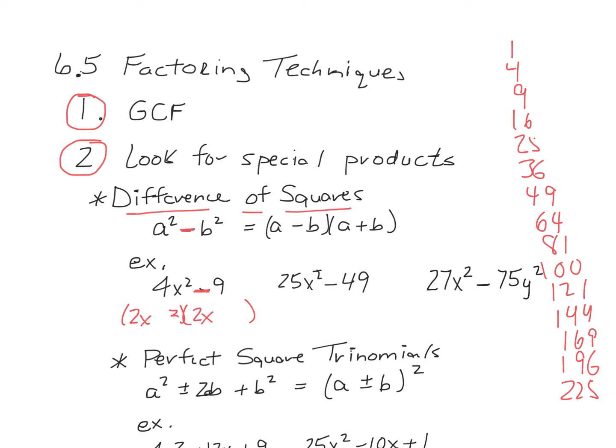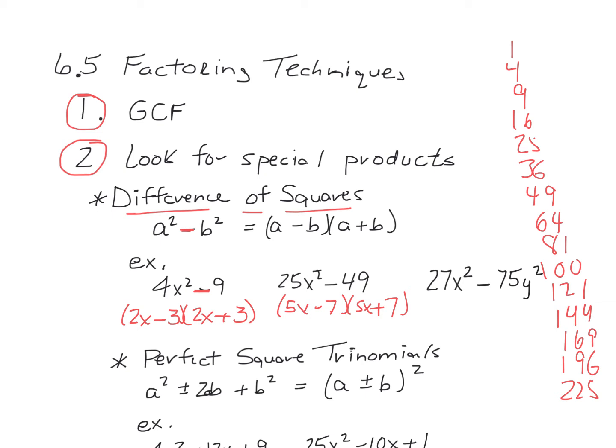Square root of 9 would be 3 and 3. Difference of squares, different signs. Next example is definitely difference of squares. I'd have 5x and 5x. I'd have minus 7 and plus 7.